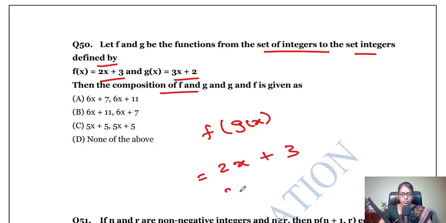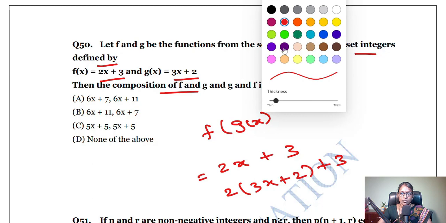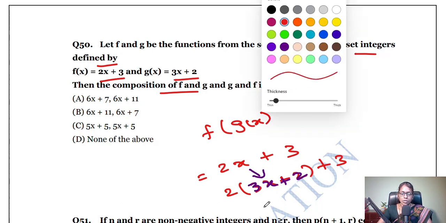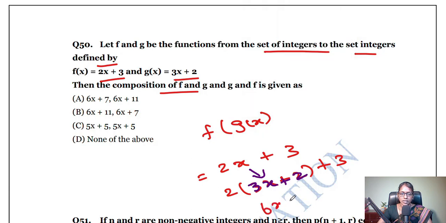So 2 into (3x plus 2) plus 3. Understood? Now what is the value? 6x plus 4 plus 3. So 6x plus 7 is f of g.